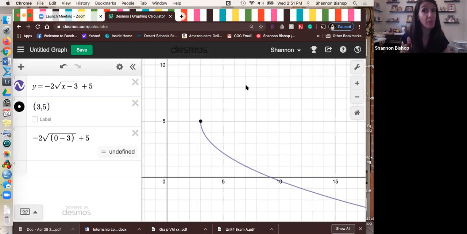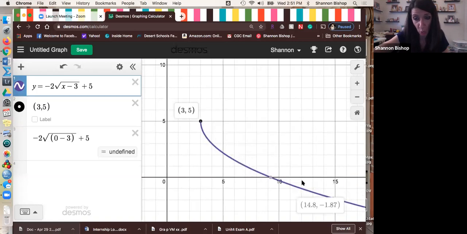My x values are above 3, but what are the y values doing? And you'll notice on this graph, my graph seems to live everywhere below the 5.